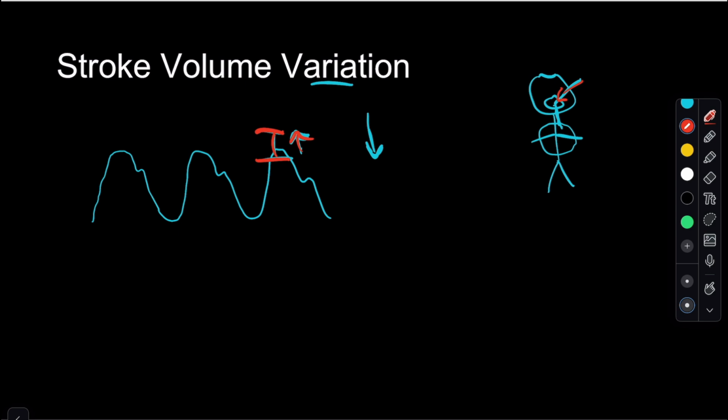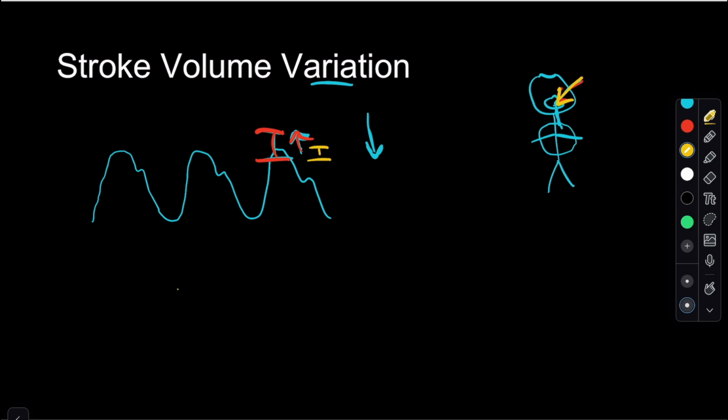Conversely, if a patient has an adequate amount of blood in their circulatory system and they receive another breath coming in, well, their heart is plump or full of blood, so it's going to compress their heart less, and then you would see less stroke volume variation measured from their arterial line.